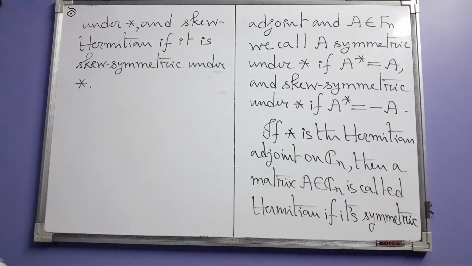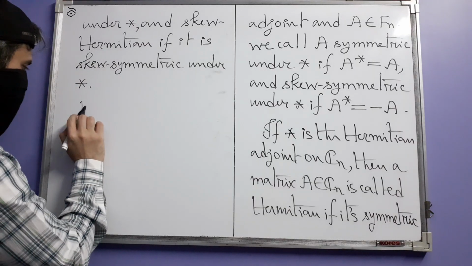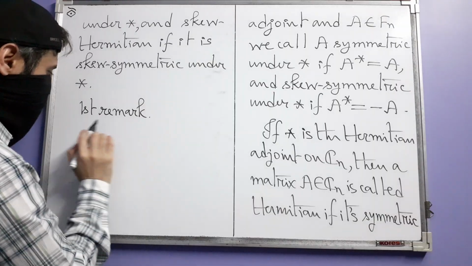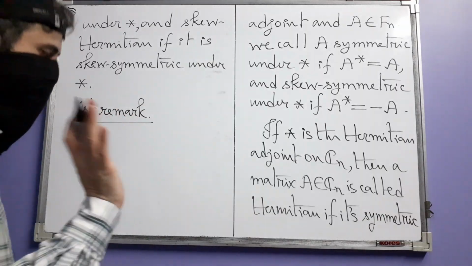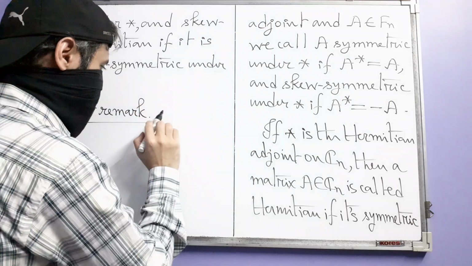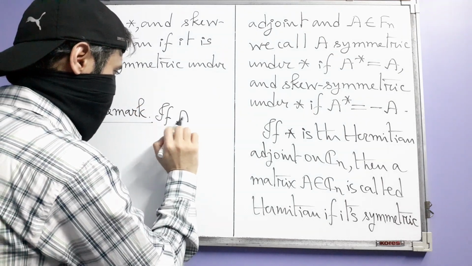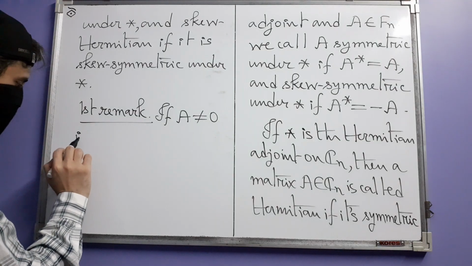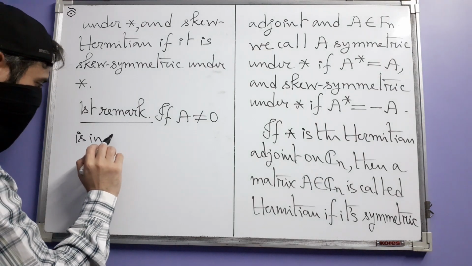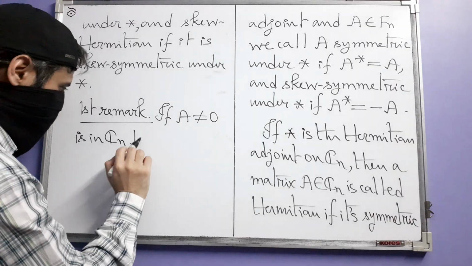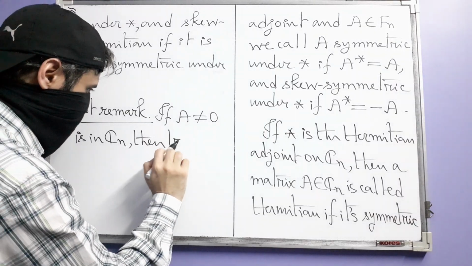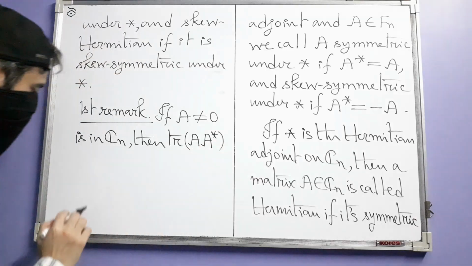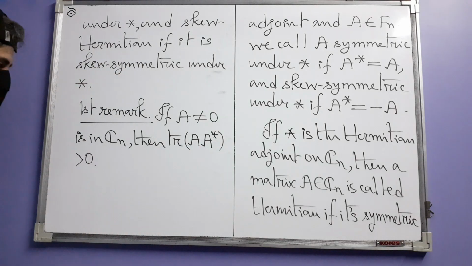The first remark is this: so now star means Hermitian adjoint. Okay, with that understanding, if A is a non-zero matrix in Cn, then trace of A star A is greater than 0.